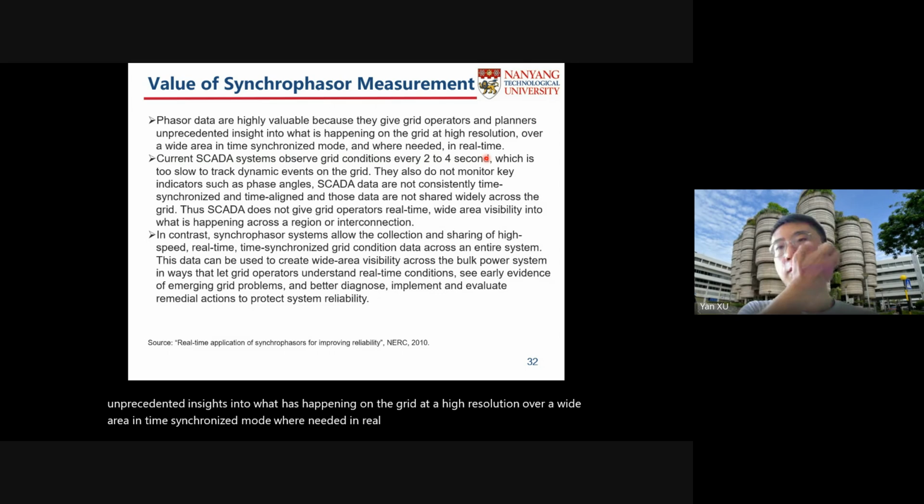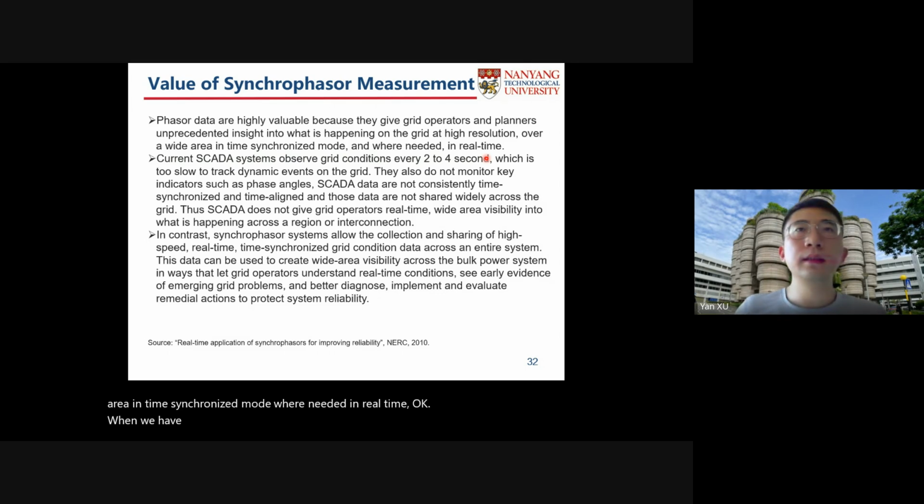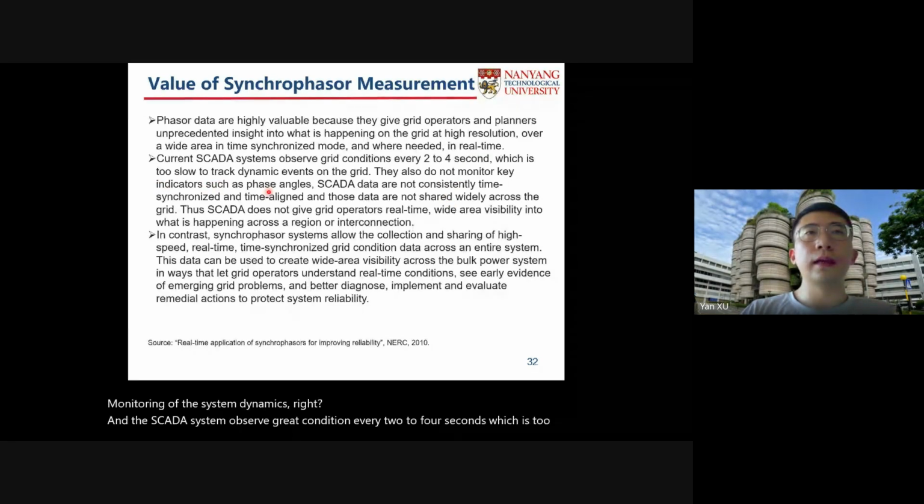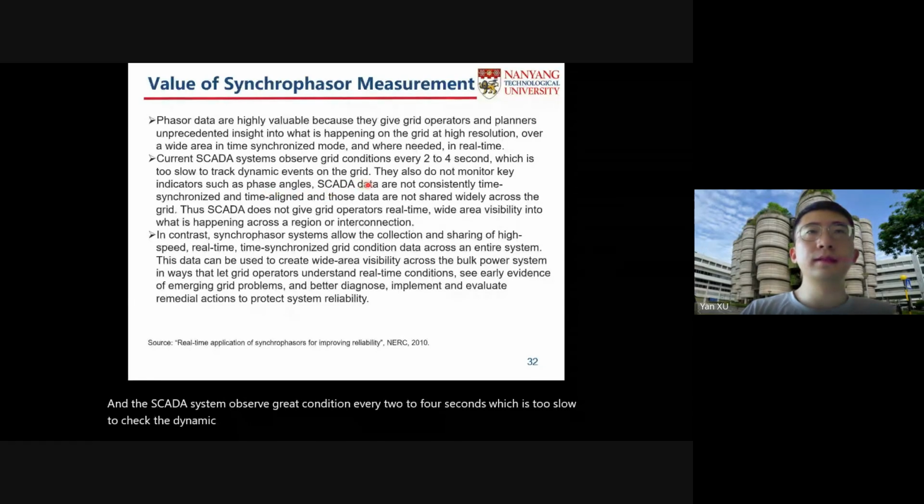This one we have already explained. It supports very high resolution, high sampling monitoring of the system dynamics. The SCADA system observes grid conditions every 2 to 4 seconds, which is too slow to track the dynamic events happening on the grid. They also don't monitor key indicators, especially the phasor angles.